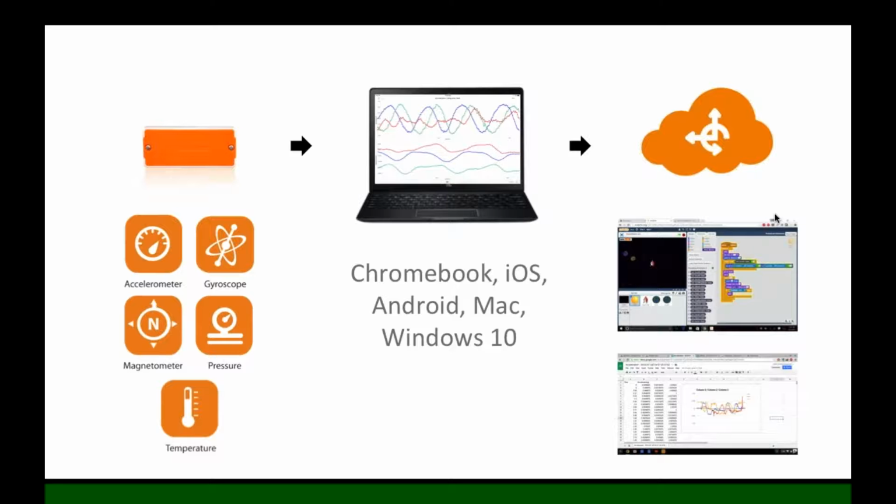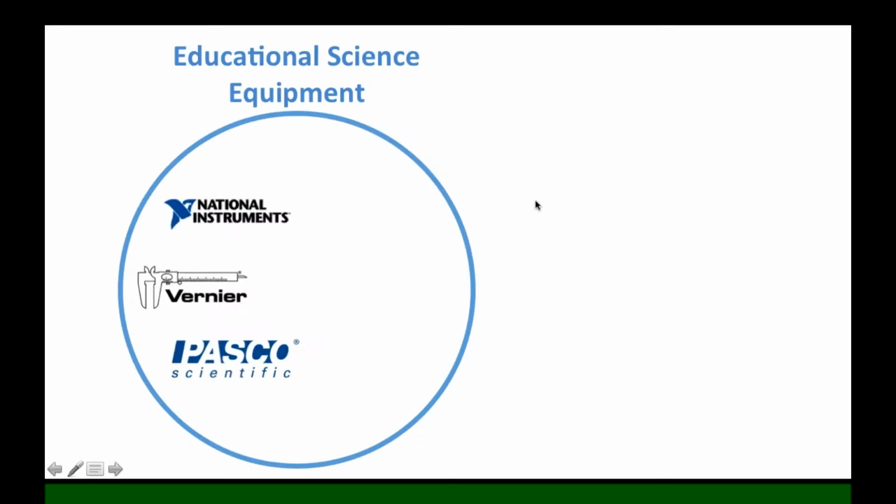So you can do really cool activities where you can have students make video games and use the PocketLab as a video game controller. That's sort of an advanced use case that we'll go over another time. But the possibilities are really endless with PocketLab.